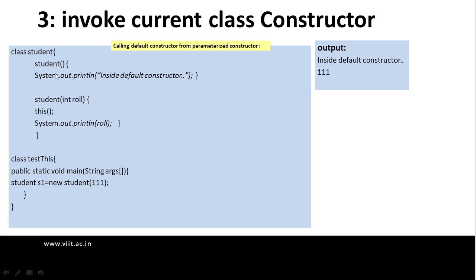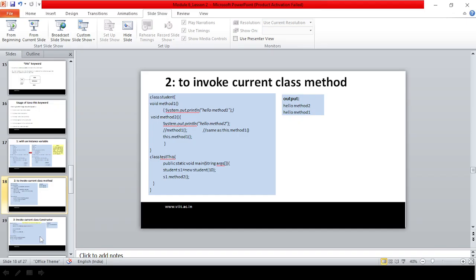So the single parameter constructor is there, but inside it we can call this. If you call this, it means the current class constructor, the current class default constructor. Let us go to Eclipse and check this.